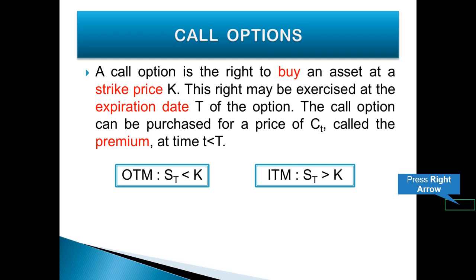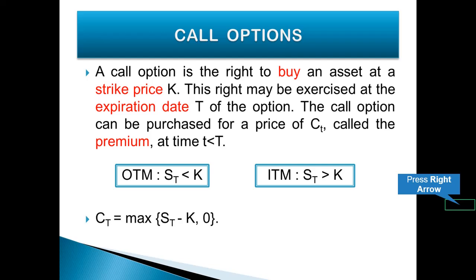In that case you will never buy from the contract owner. You will not exercise the call option, you will buy from the open market. So S_T less than K means the call option is out of the money, and if S_T is greater than K, of course it is in the money.